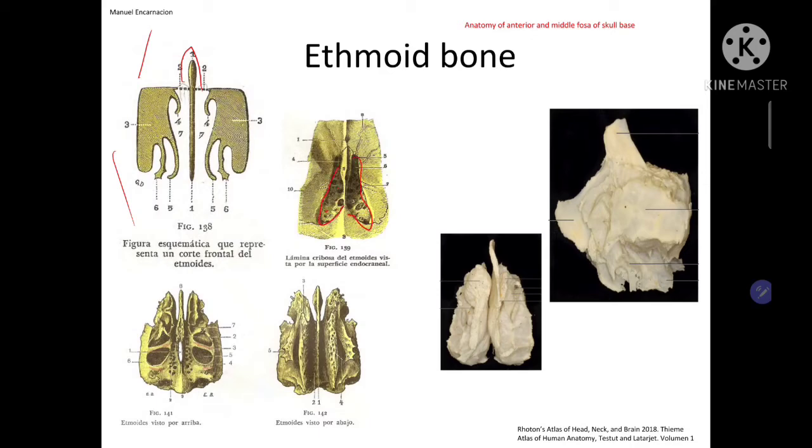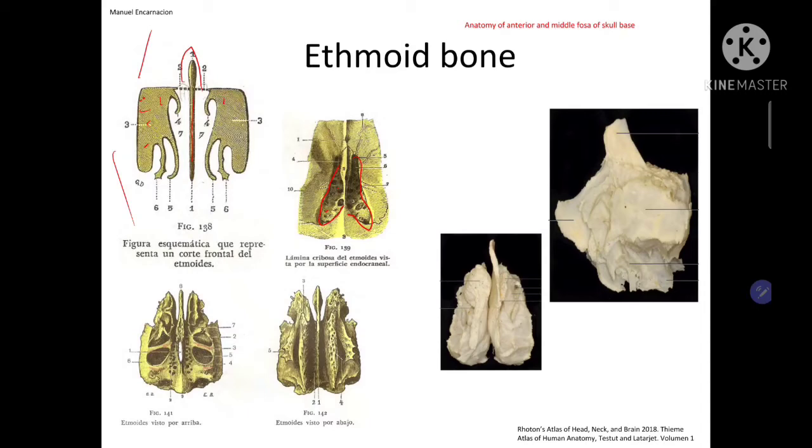This is the superior view. But if we see the extracranial part, now we have here the labyrinth ethmoidalis, and this important part here is the perpendicular plate. We're going to talk about that because it's going to be a very important part of the middle wall.